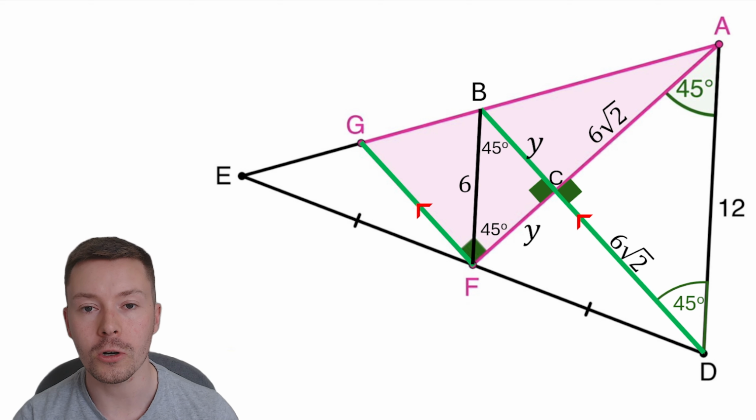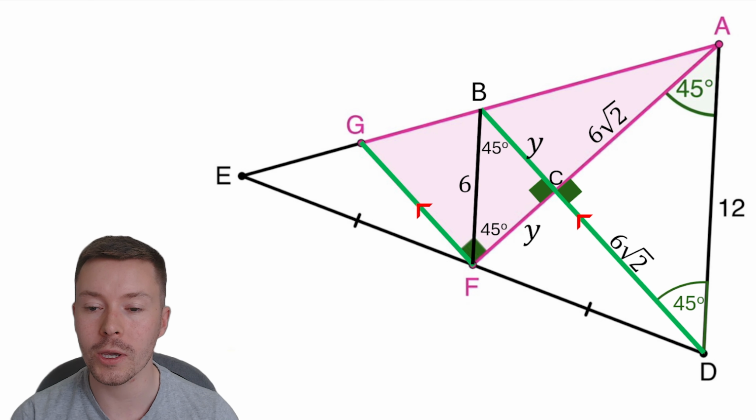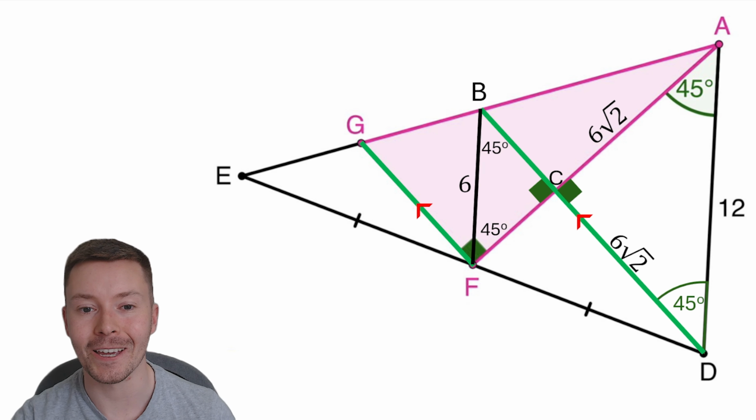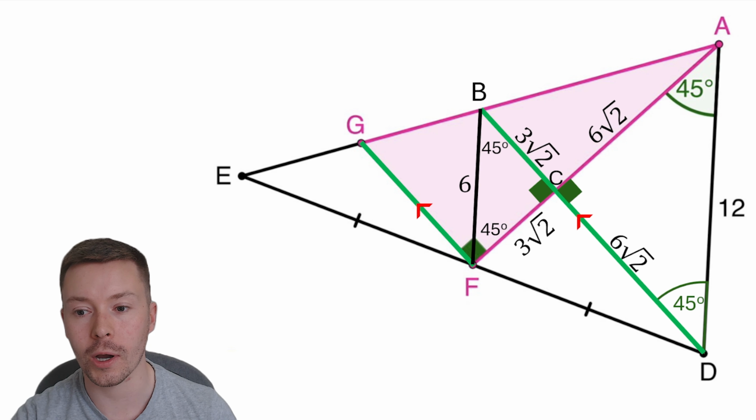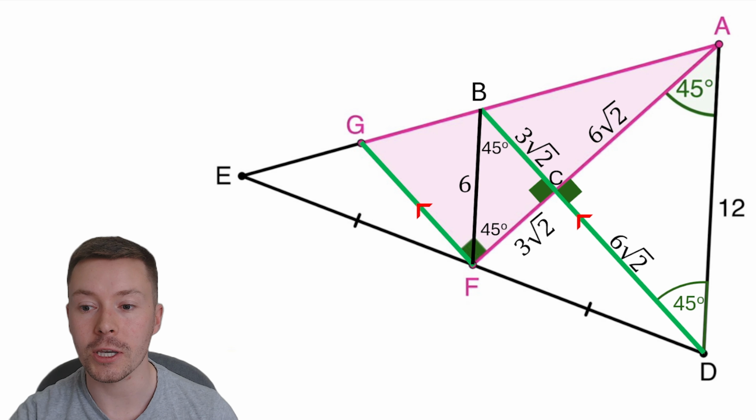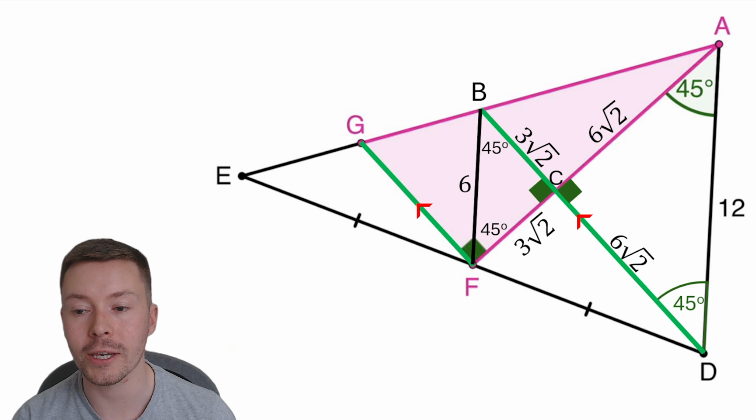Now we've then got, like I say, an isosceles triangle, and we can work out these other lengths, which I've labelled y, so CF and BC. And we're going to use Pythagoras again here, so we're going to get y squared add y squared and square root it is equal to 6, and then solve that, you get 3 root 2.